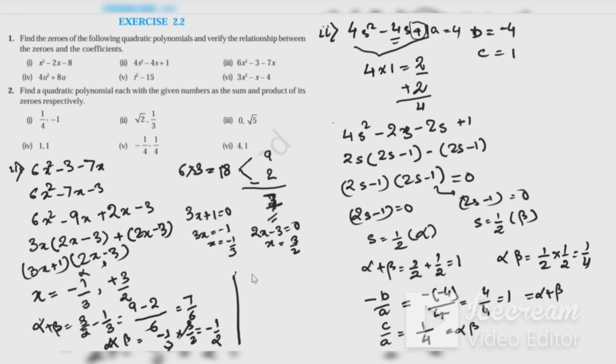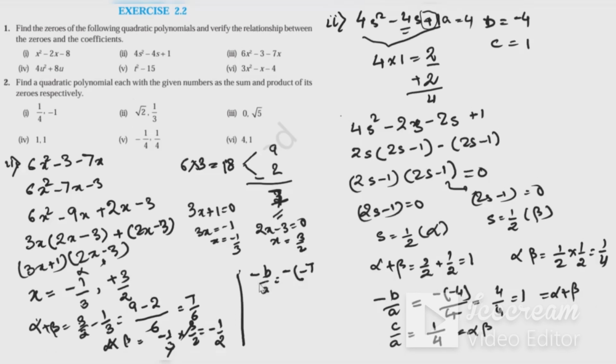Now, what is minus b by a in this case? Minus b by a is equal to minus of minus 7 by 6, so this is 7 by 6.